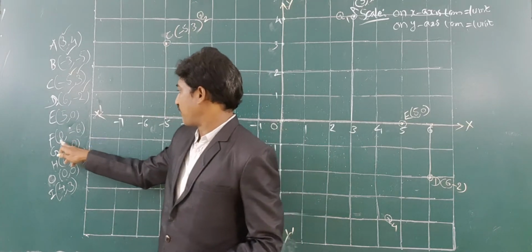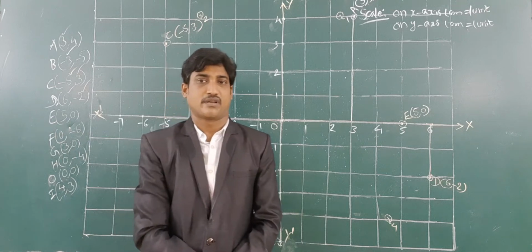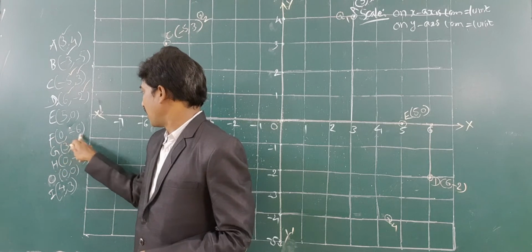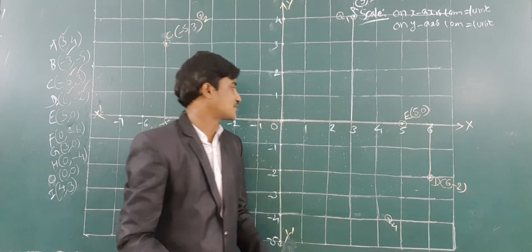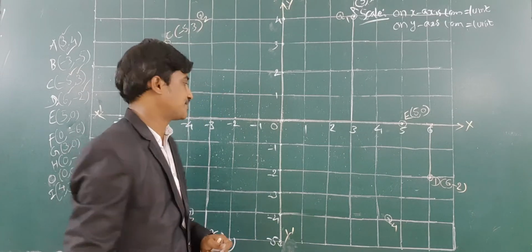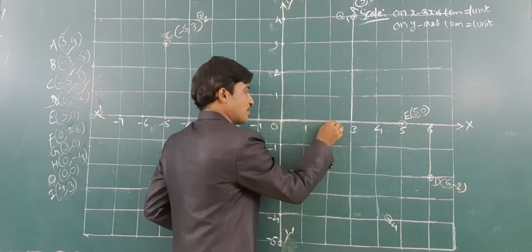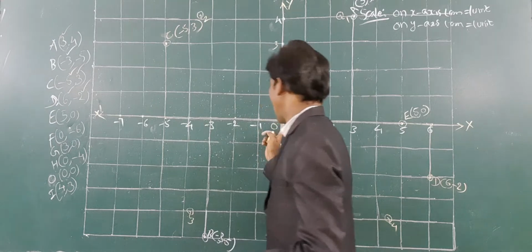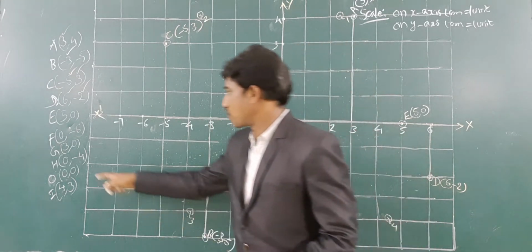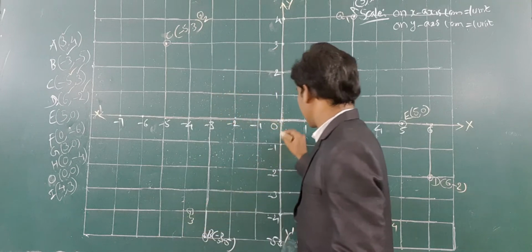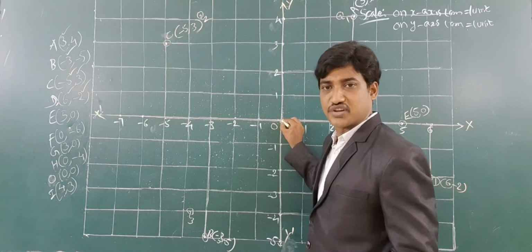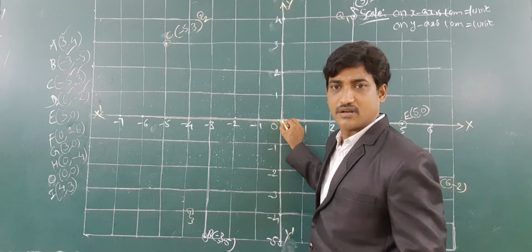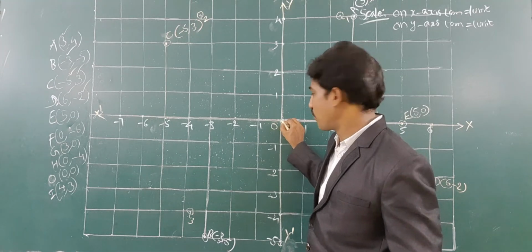Next, the point F (0, -6). The x coordinate is 0, the y coordinate is the negative number -6. If the x coordinate is positive, we move along the positive x-axis. If it is negative, we move along the negative x-axis. As the x coordinate is 0, we stay at the origin. Then we move vertically. If the y coordinate is positive, move upward.